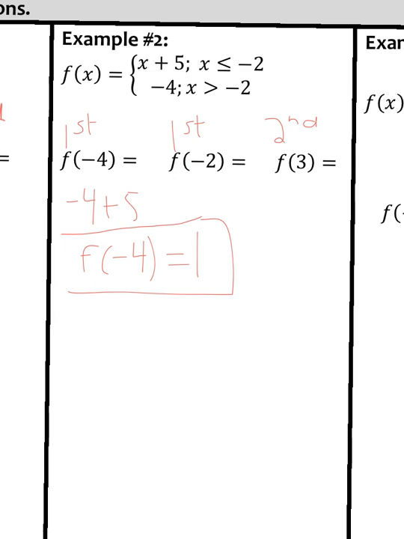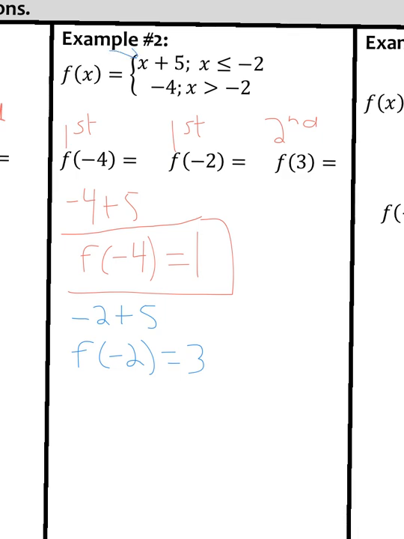And then I'm going to try the next one. So again, plugging it into the top, or the first equation. So it's negative 2 plus 5. So f of negative 2 is equal to 3. Plugging it into that equation right there, that's where I'm getting that from.